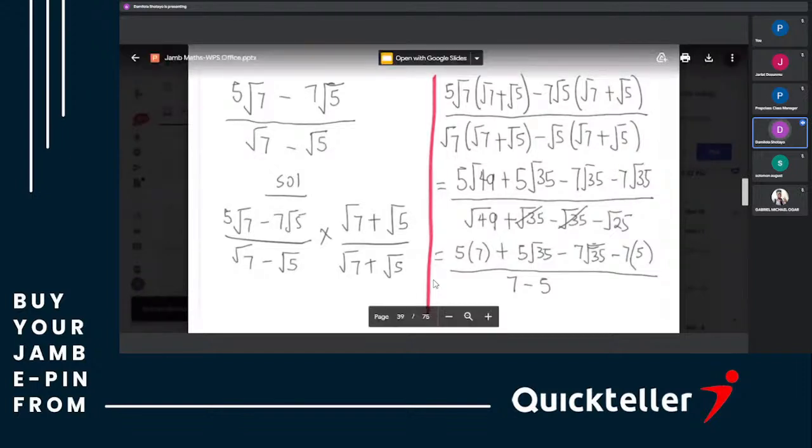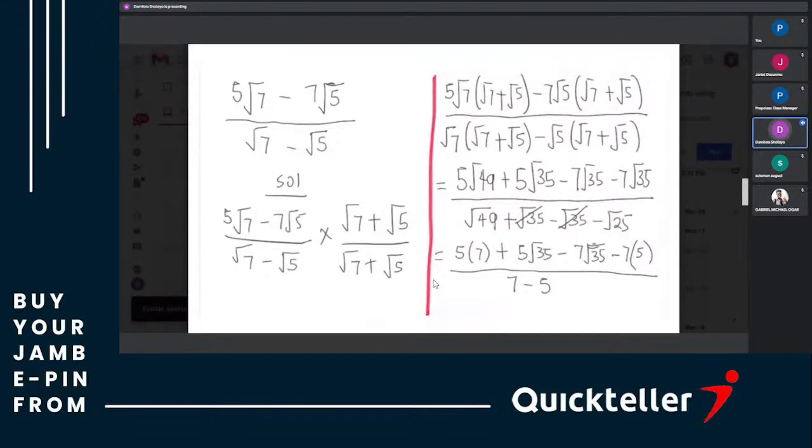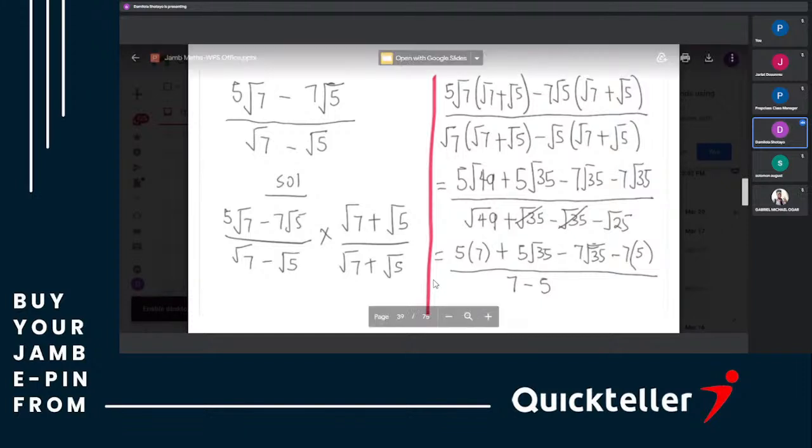If it were root 7 plus root 5, it will become root 7 minus root 5 over root 7 minus root 5. But because it is root 7 minus root 5, it will become root 7 plus root 5 over root 7 plus root 5. That's the first step.